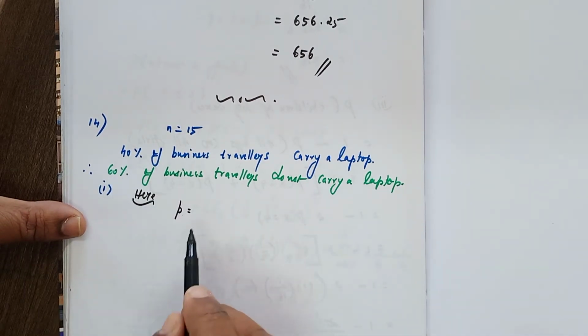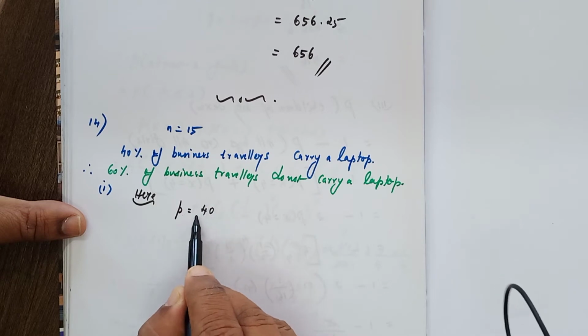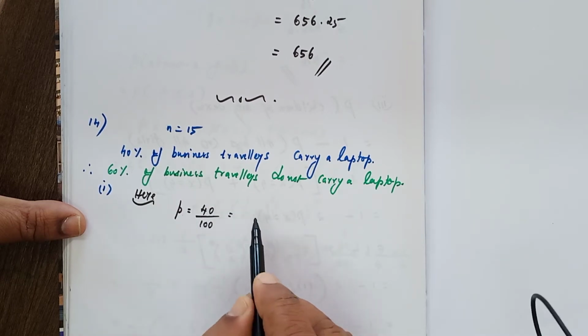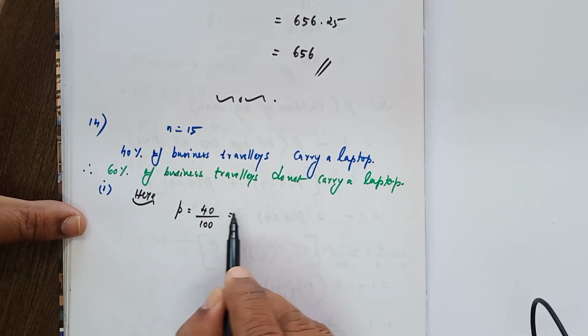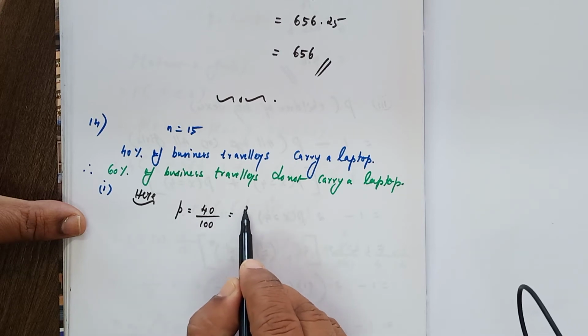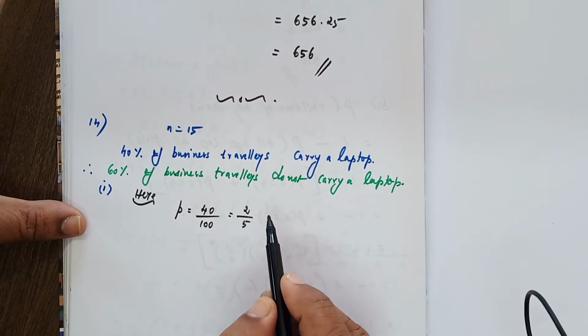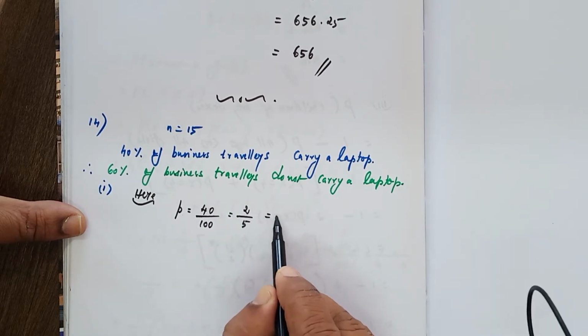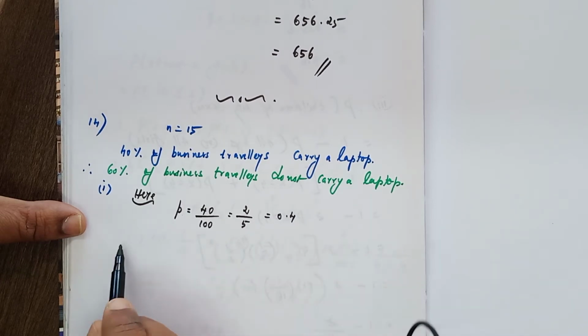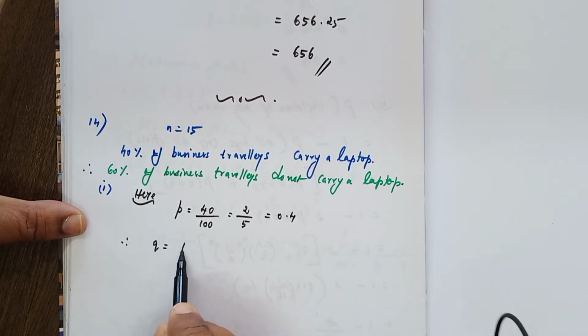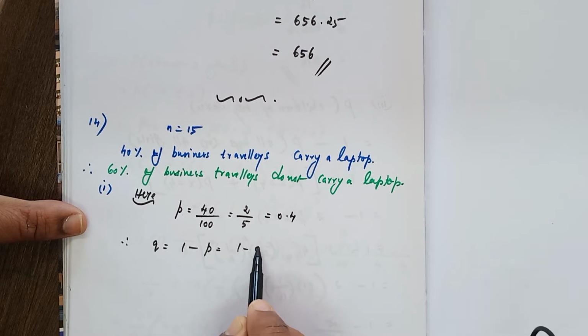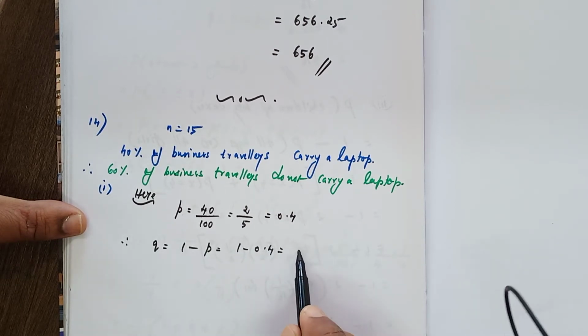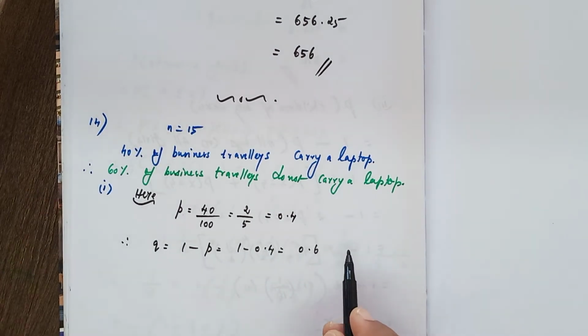Percentage 40%, that should be considered as probability of success. That is equal to, you can divide by 20 table, 2 times 5 times, that is equal to 0.4. Therefore Q is equal to 1 minus P, 1 minus 0.4, that is equal to 0.6.